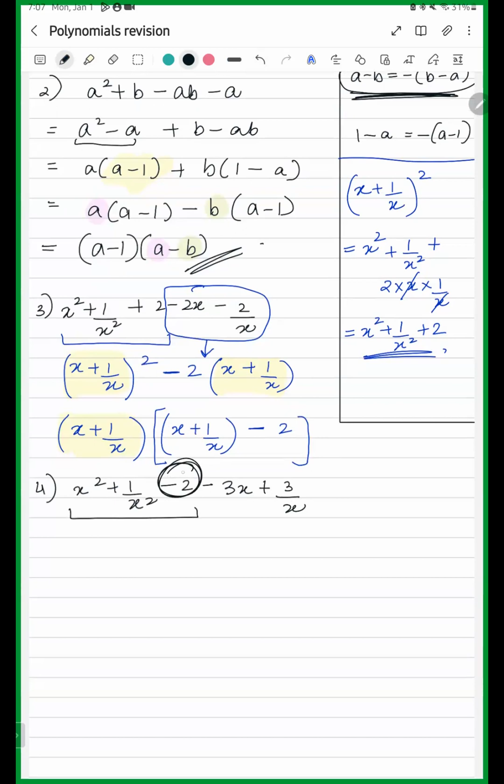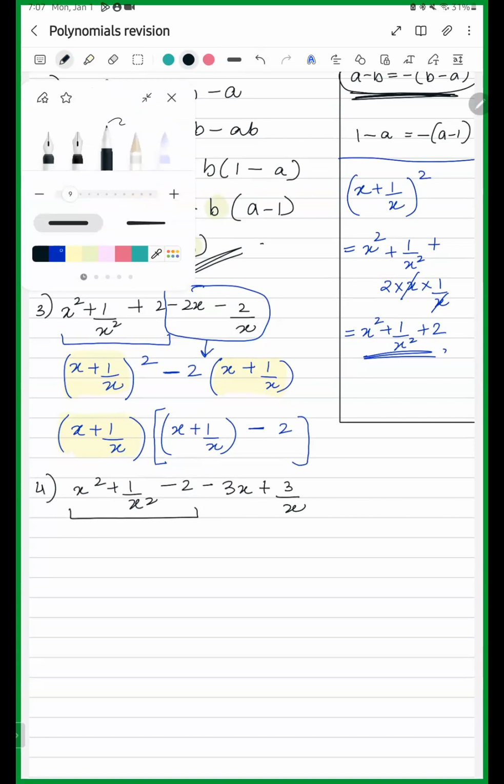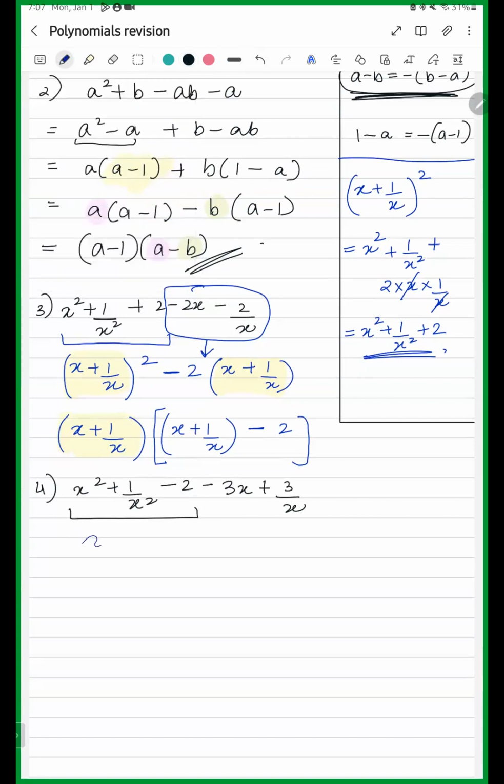That means it should be x minus 1 by x whole square. Because imagine if you have a minus sign over here, then it will be a square plus b square minus 2ab. So that minus 2ab will come over here. So it will be minus 2. I hope you're able to understand this. So this will become x minus 1 by x whole square.